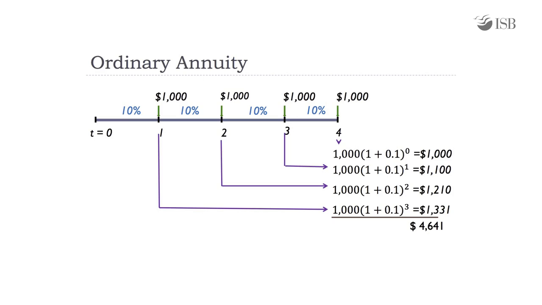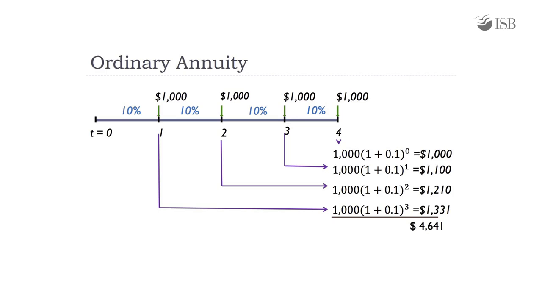So its future value is 1,000 times 1 plus 0.10 the whole squared, which equals $1,210. The payment at the end of the third year has to be moved from year 3 to year 4. So its future value is 1,000 times 1 plus 0.10, which equals $1,100.